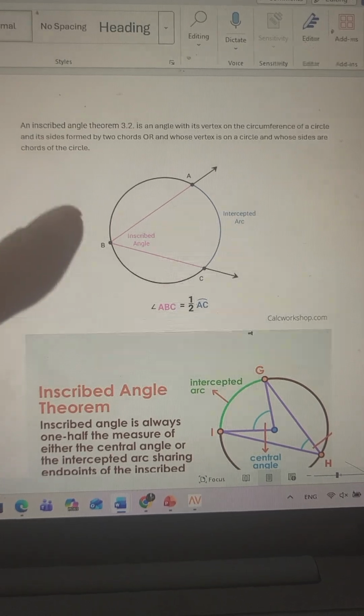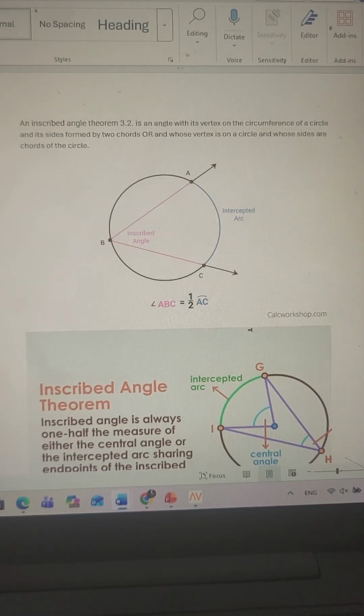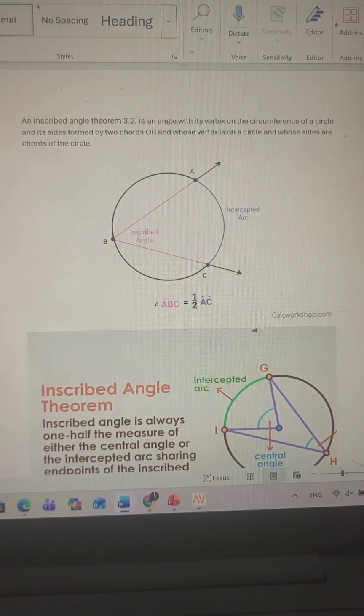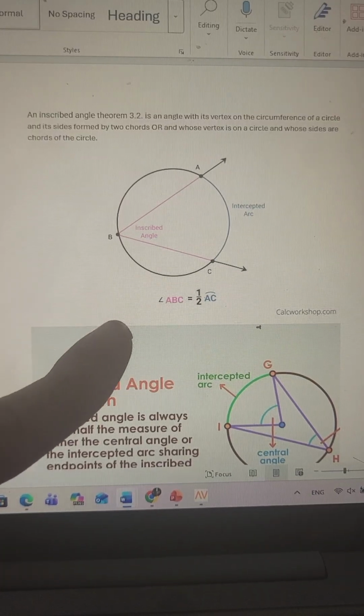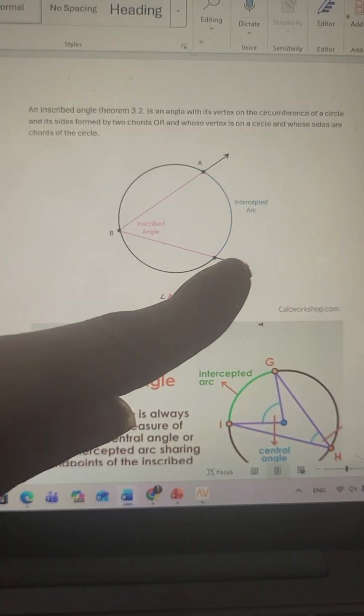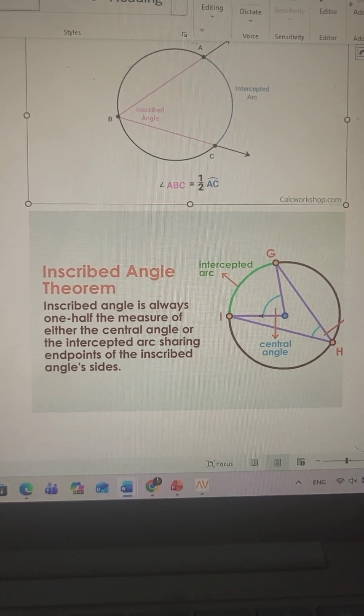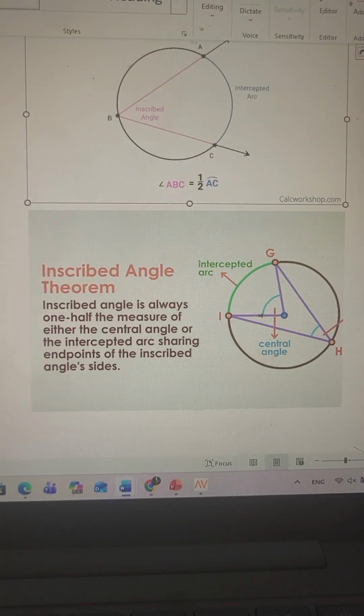So this is one example here that describes the angle and the intercepted arc. It's going to be right here. And then this is angle ABC equals 1/2 of arc AC right here. I also added this other picture here, the inscribed angle theorem.